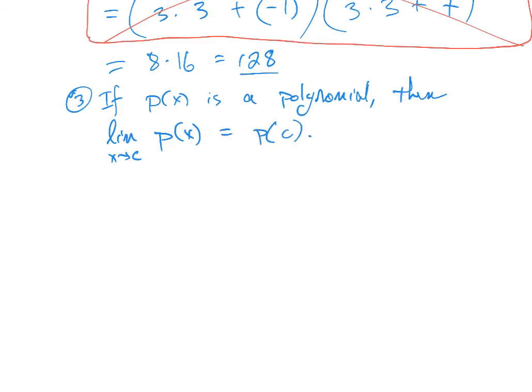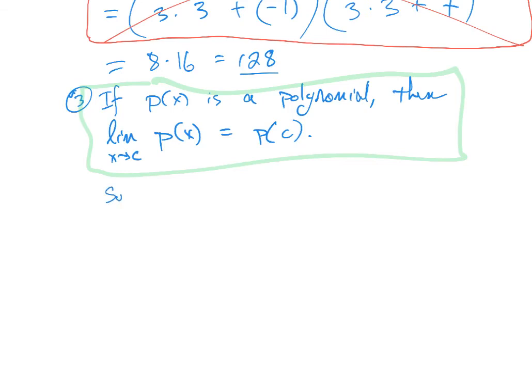So for polynomials, you can just plug in. This is the real thing that's going to save you a lot of time. This is very good. And why is this true?